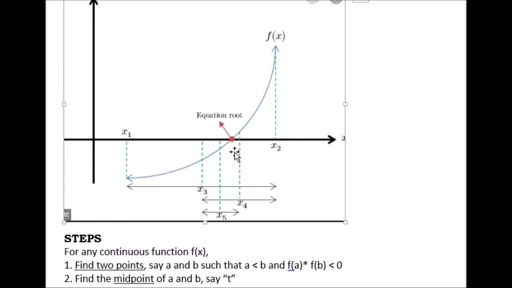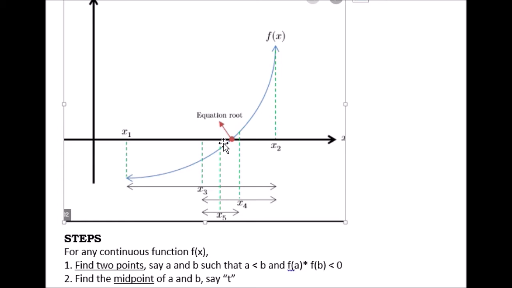Then titingnan natin kung saan nagla-lie yung ating root ng ating equation. Okay? So in this case, kung andito tayo, i-retain natin tong x2 and itong isa would be our next value. Pag divide natin into 2, we have it here, and our equation lies on this side. So, ito na ulit. Ito plus ito. Kukunin yung midpoint, titingnan kung saan yung equation natin, or yung root ng ating equation, which is on this side. And then the process would continue hanggang sa mahanap natin ito.